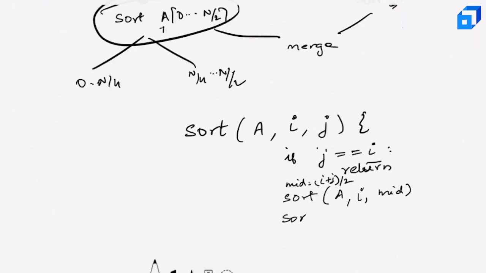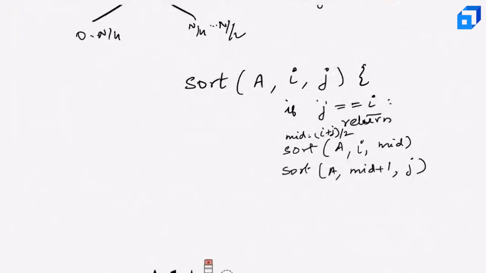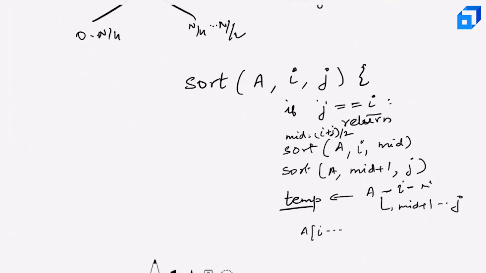Then I'll sort A from mid plus 1 to j. And once these 2 are sorted, I will need a temp array where I'll merge the array from i to mid and mid plus 1 to j. And then I'll make sure that A from i to j becomes equal to temp. But basically, I'm just applying recursion here.